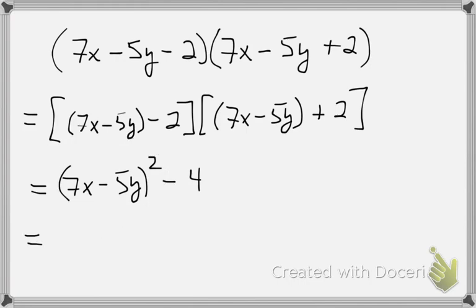So, multiplying out just this parentheses squared, a minus b, the whole thing squared, who's playing the role of a? 7x. Who's playing the role of b? 5y. So what is a squared? 49x squared. It's okay. What is a times b?